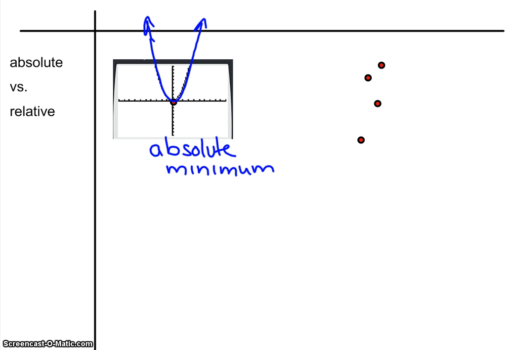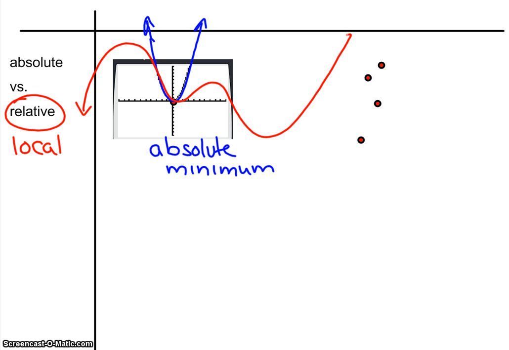But we can also have what's called a relative, or sometimes a local, maximum or minimum. So for instance, if I resketch another graph, this point right here, in this region, in this locality, is a maximum.